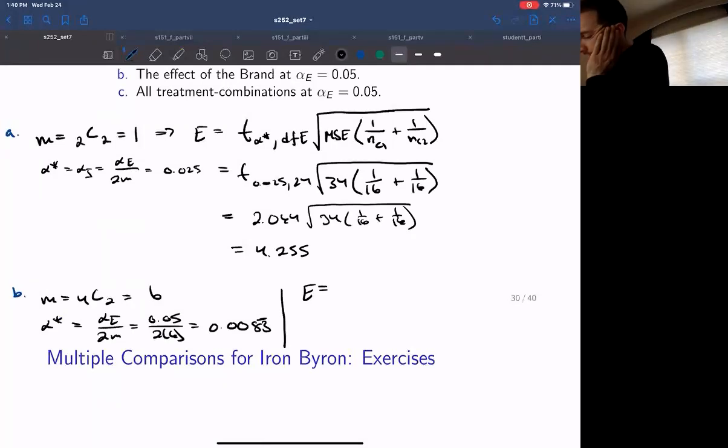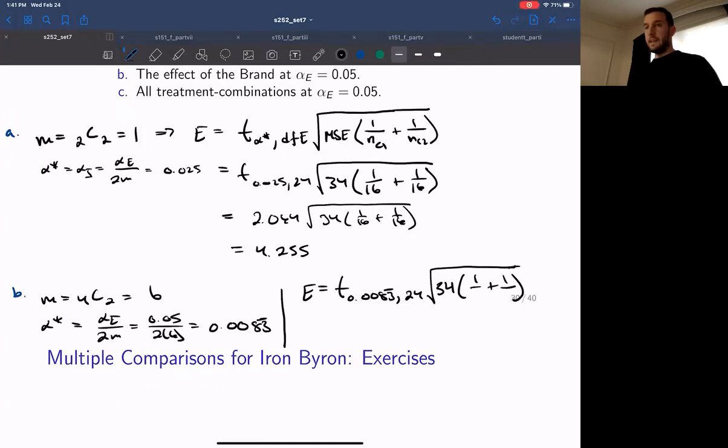Okay, so now we're going to have a t-value on 0.0083 on 24 multiplied by the square root of 34 times 1 over something plus 1 over something.